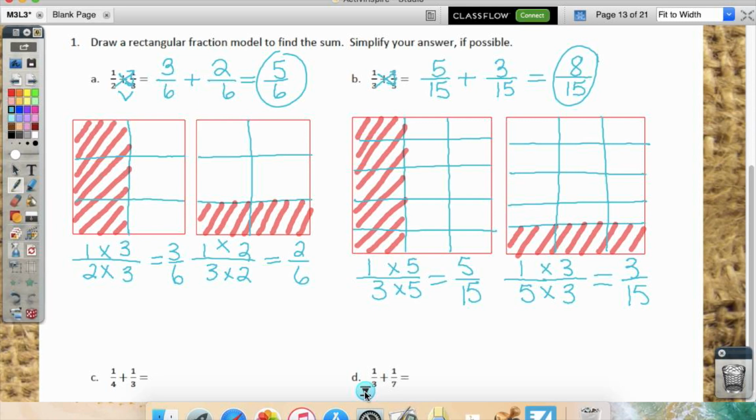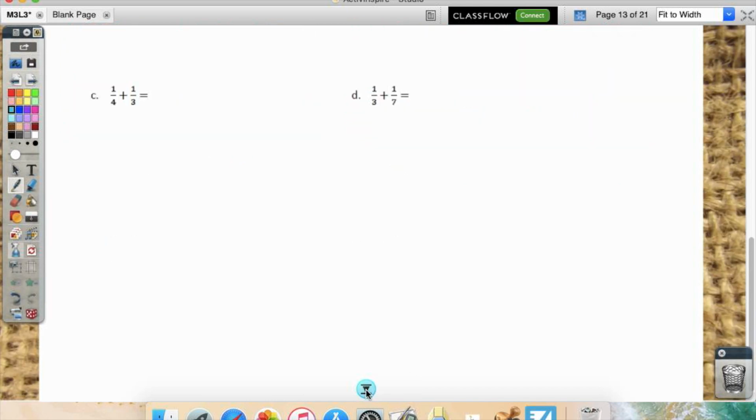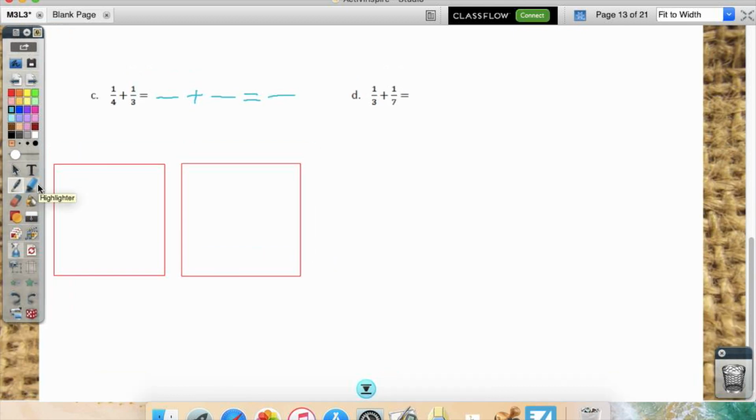Let's go down to another one. All right, step 1, rewrite the problem without any numbers. Then draw your boxes. So 1/4 goes below the first box, 1/3 goes below the second box.